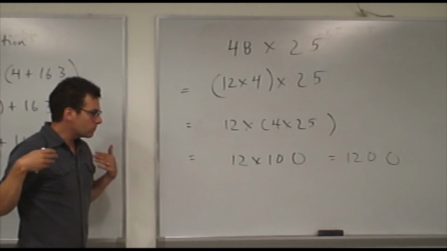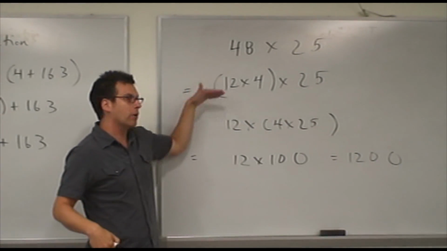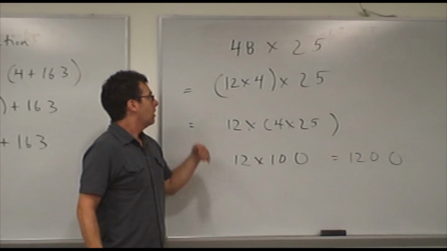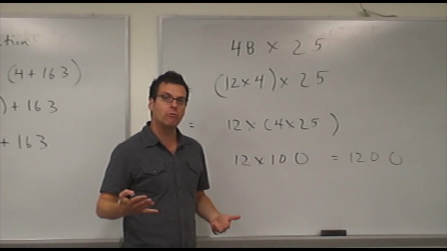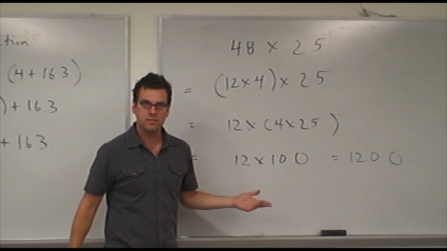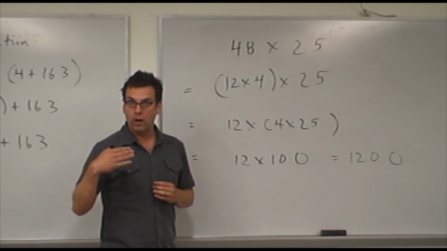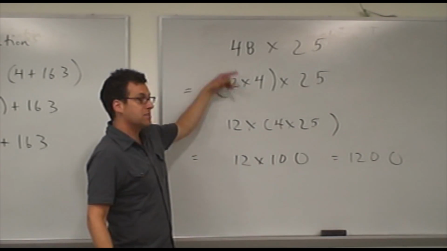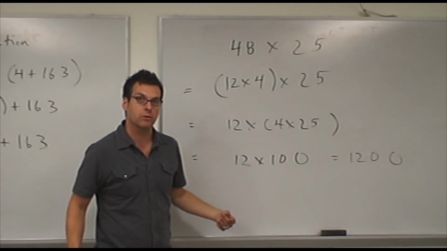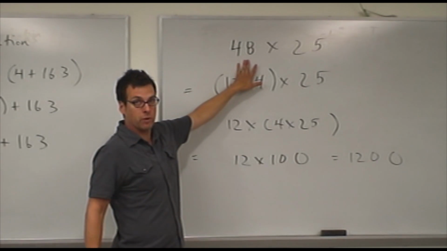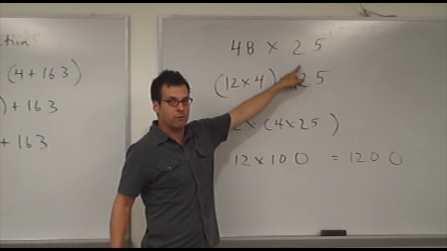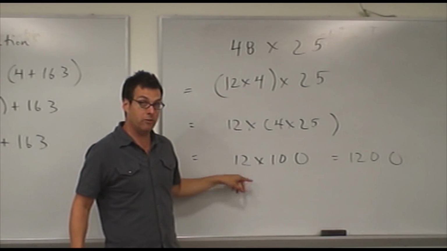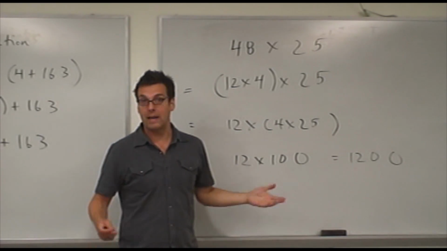And again, by writing out all of these steps as a teacher, our students gain an appreciation of the associative property. They get a general feel for the thought process behind something like this. Again, we hope that with practice, these steps become completely mental, that a student looks at 48 times 25 and thinks, okay, I'm going to give a factor of 4 from this 48 to 25 to obtain 12 times 100, which they can also do in their head. That's the idea.